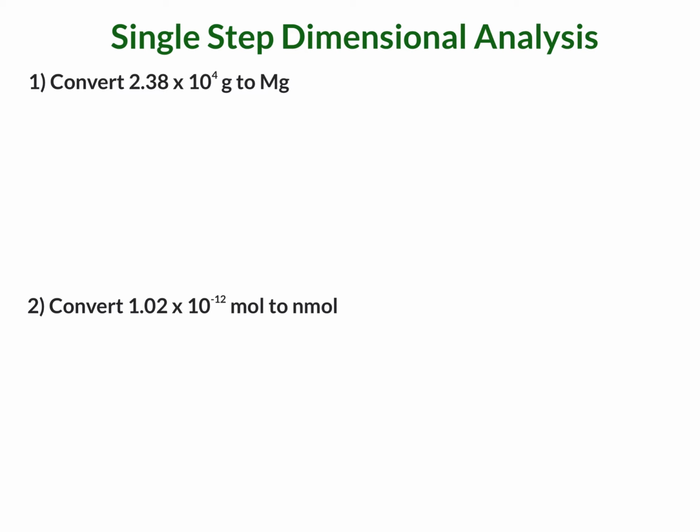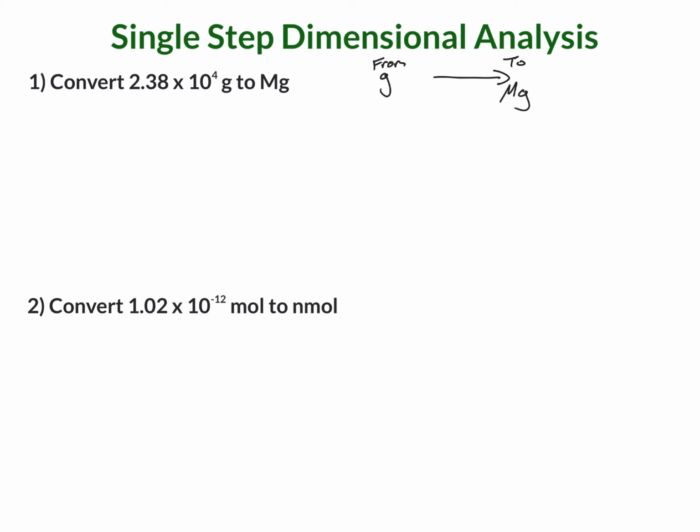The first thing that we want to do when we look at a dimensional analysis problem is ask ourselves, what are we converting and what are we converting to? Well, it looks like we're converting from grams to megagrams. And it's a good idea that once we identify that, to go ahead and write down what that conversion factor is.